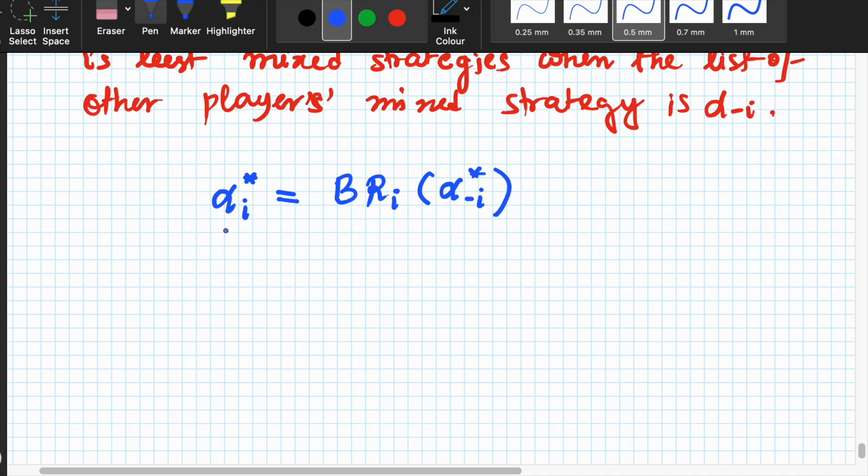If it is not a best response, then there exists another strategy alpha_i in which you will get a higher expected utility than alpha star.